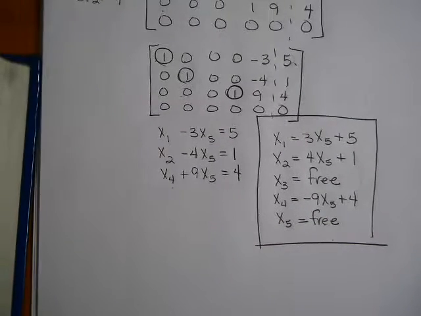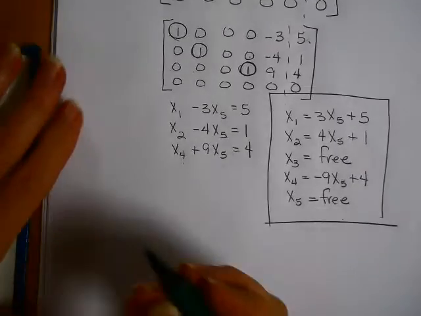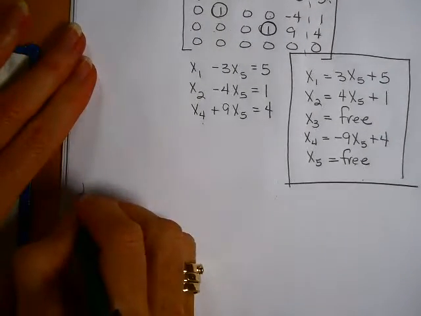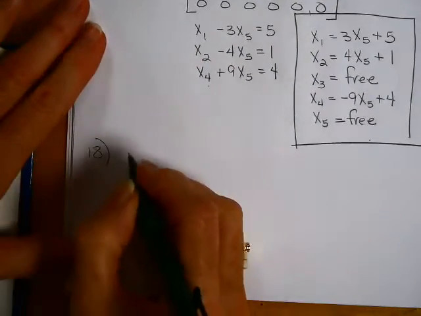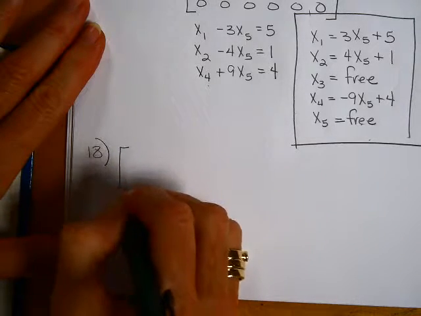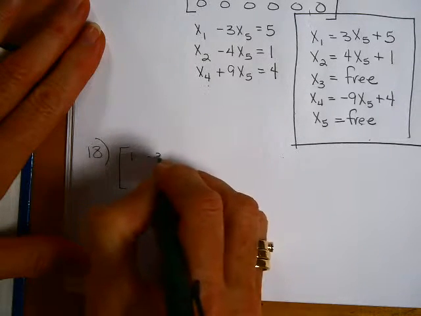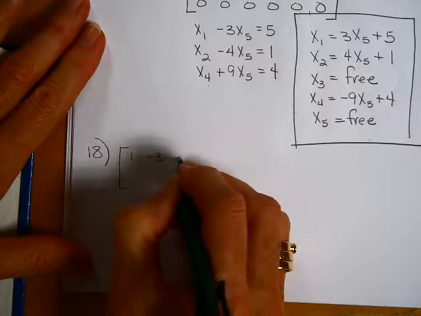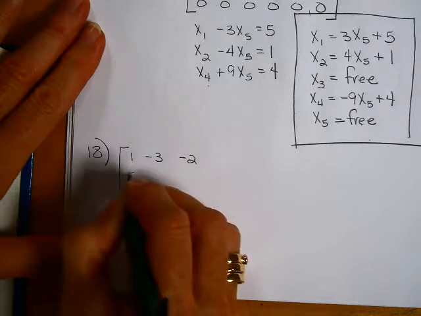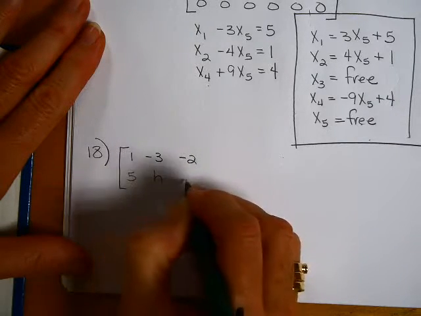Okay. Now, they also have some of these H things. Remember the problems that you asked me about the first thing? So let's look at one of those H things. This is number 18. 1, negative 3, negative 2, 5H, negative 7.